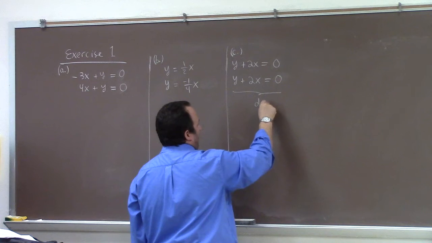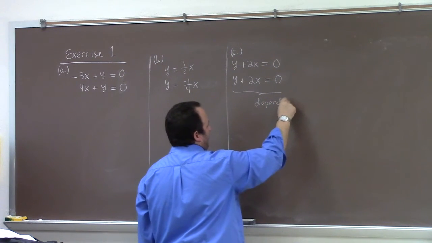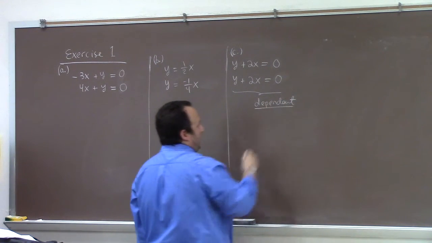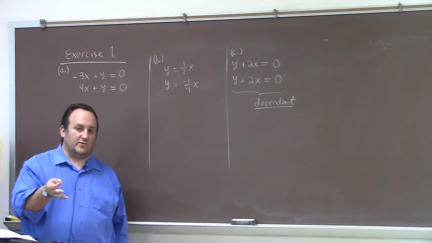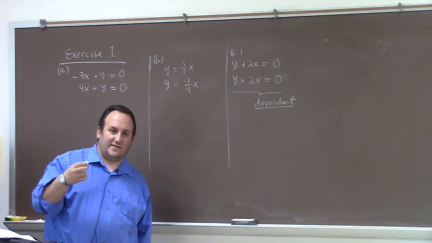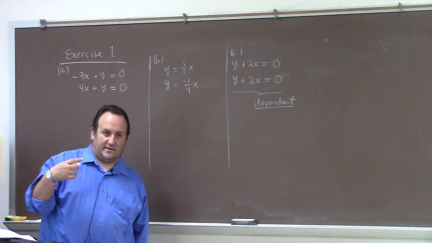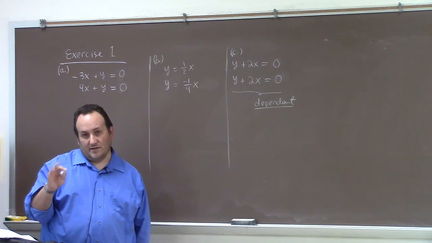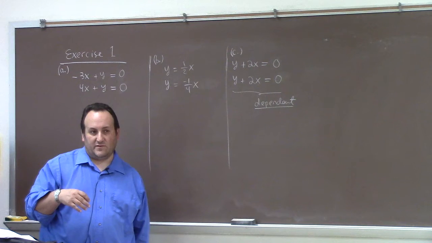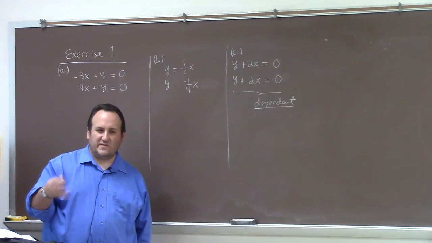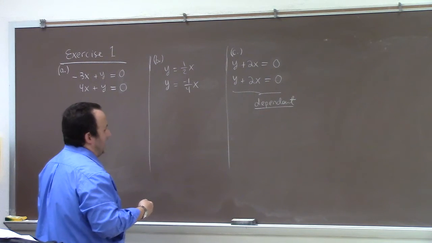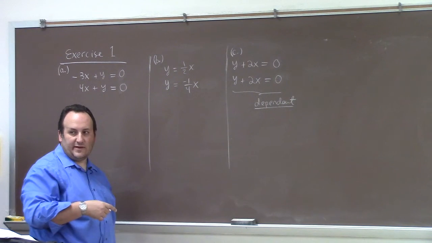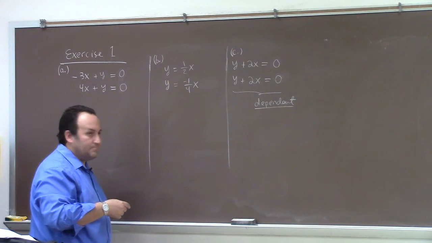Now, I'm not sure. It may be that the book has defined it so that the answer to that question in your homework is also dependent, because it's saying that even if they have different y-intercepts, they're still dependent. That would be a reasonable use of the word dependent there, but I don't know without opening up the ebook and looking at it. I don't want to do that right now.